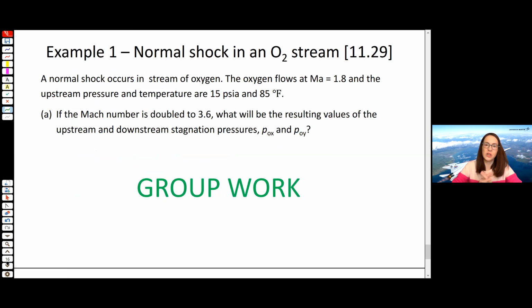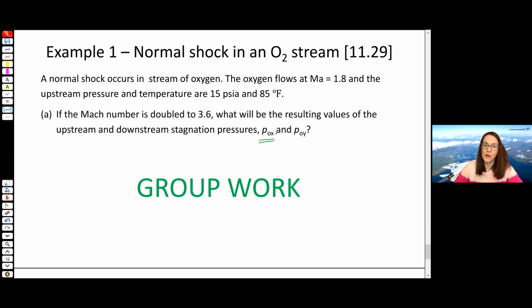So I don't think we're going to do group work because we don't quite have the time, but I would like you to just try to find a value for the upstream stagnation pressure, P naught X, if the Mach number is now 3.6, right? So we're going to take just 2 minutes.